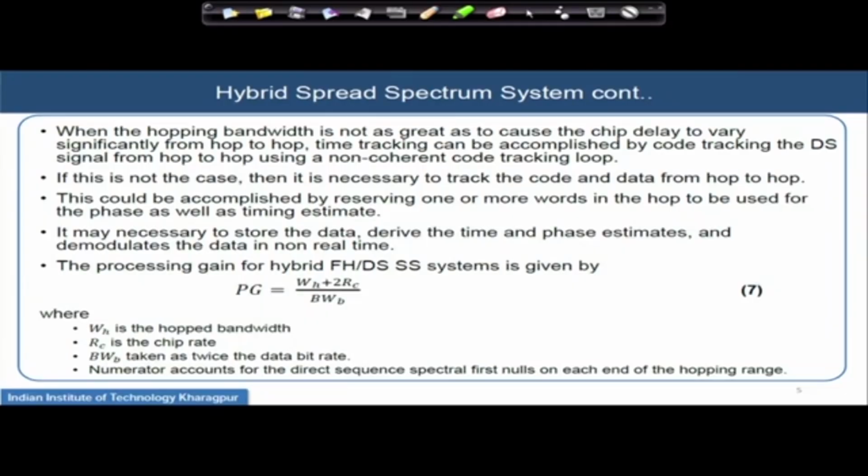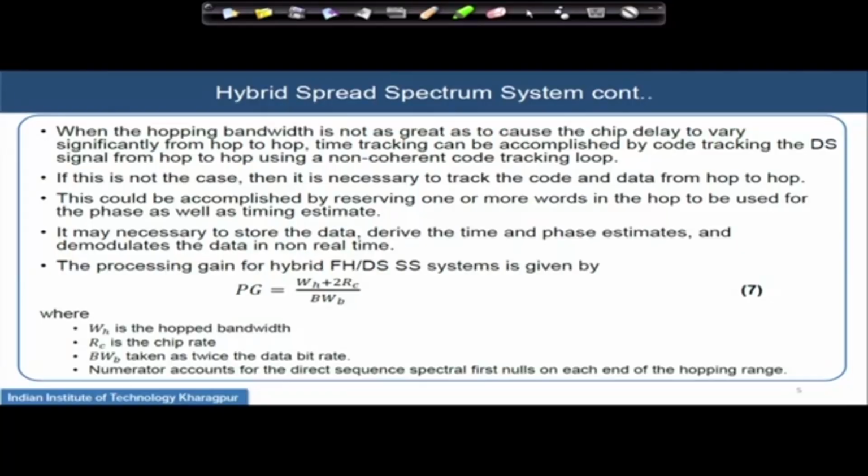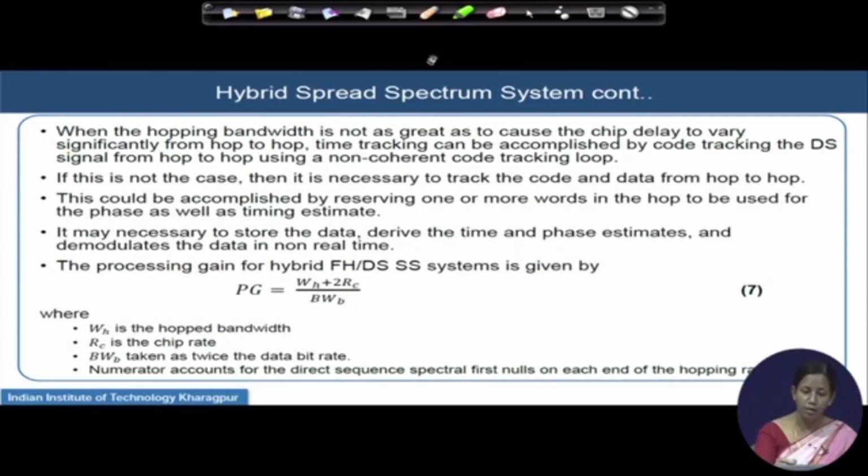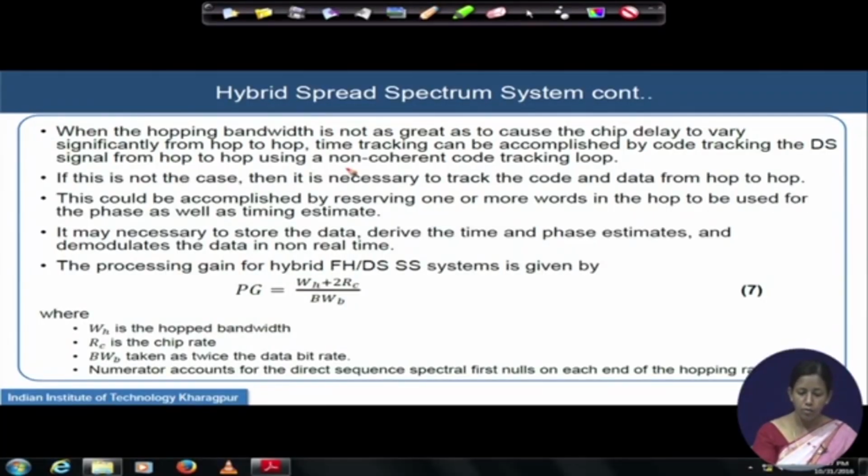The good part of this system design is that when the hopping bandwidth, the total W, as we have seen in the last slide, is not so great as to cause the chip delay to vary significantly from hop to hop, then we can apply code tracking for the direct sequence from hop to hop using a non-coherent code tracking loop.